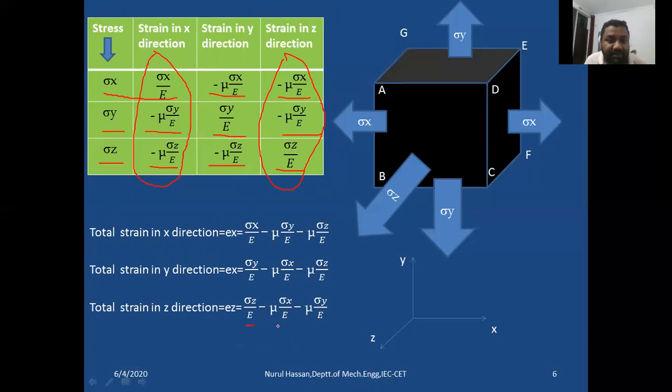In the rest two directions, it will be lateral strain, so it is minus mu sigma x by E minus mu sigma y by E. So these are the total strain along x, along y, and along z direction. So this is the main expression for the strain in different directions because of the three stresses acting in three different directions mutually perpendicularly. Now, with this expression, we can also find out the volumetric strain produced in the body.